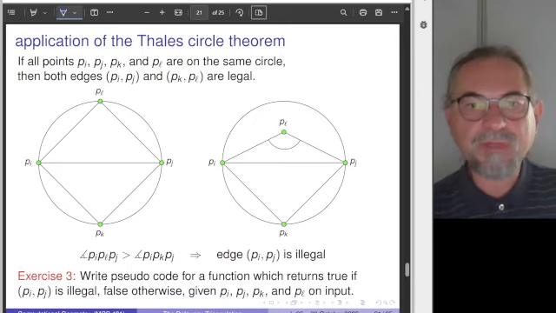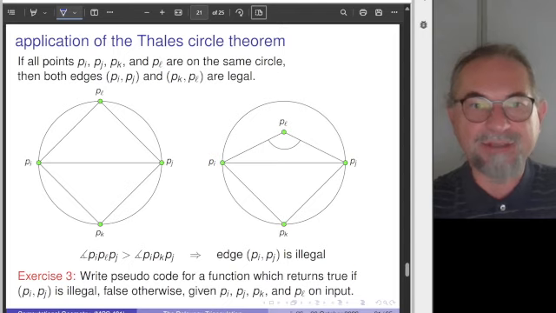So what is the line now? The line is the reference of an edge.